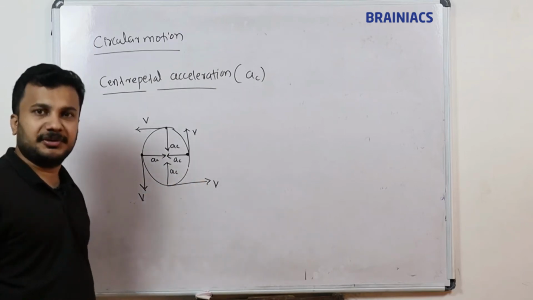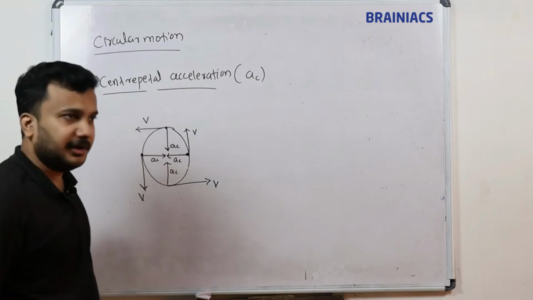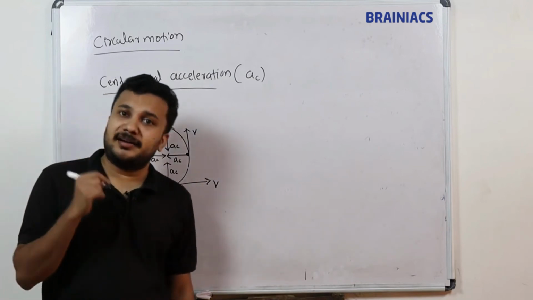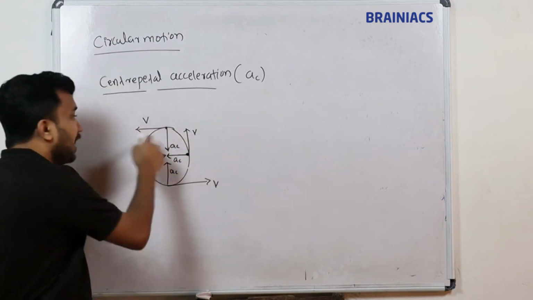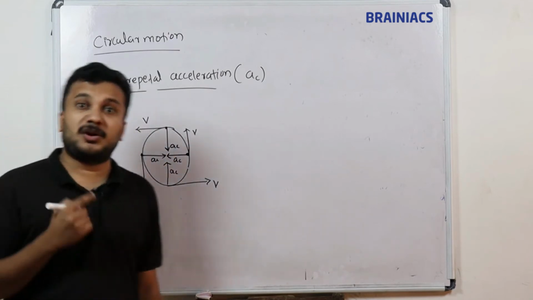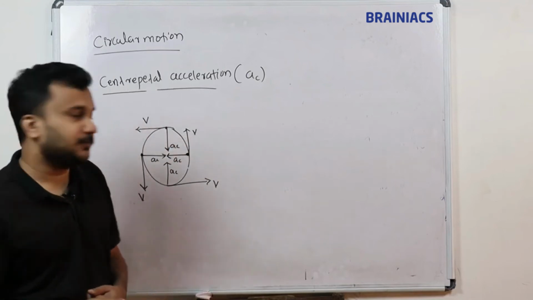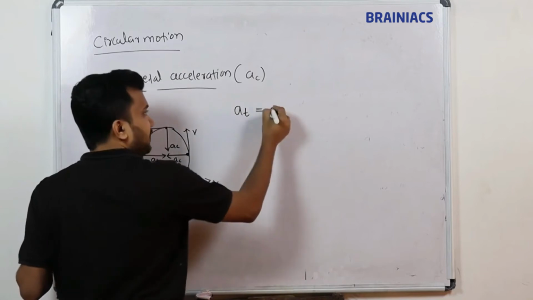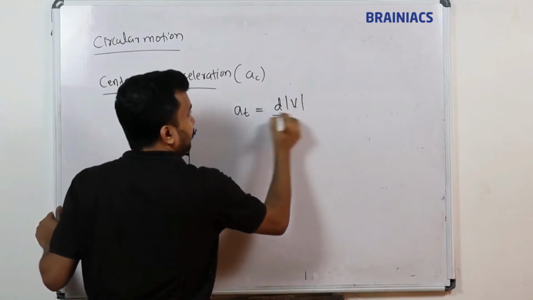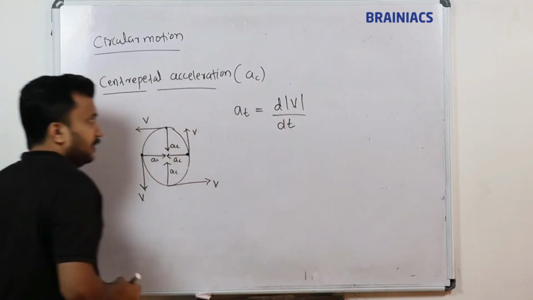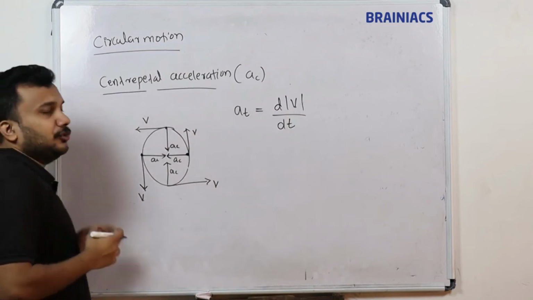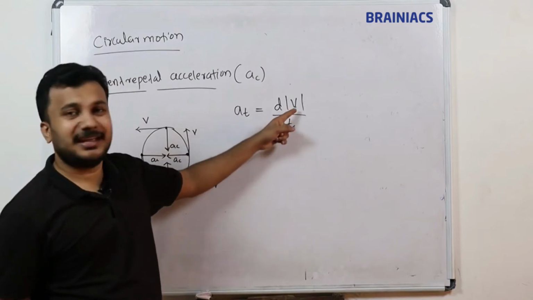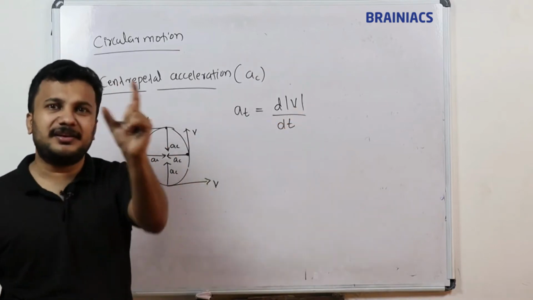But what is changing here? Velocity is a vector quantity, which means it has both magnitude and direction. Magnitude is constant, but direction is changing. While calculating tangential acceleration, I wrote d modulus of v divided by dt. Modulus of v means I don't want to take care about direction; I only need the value.